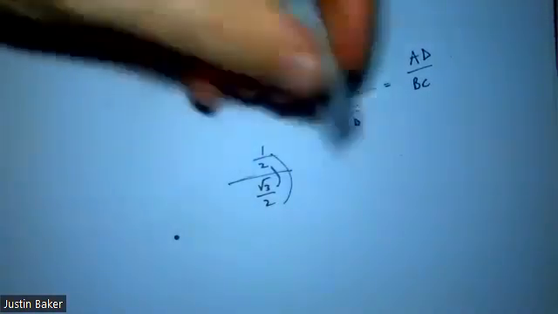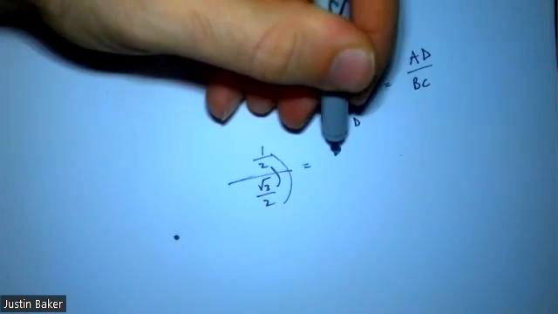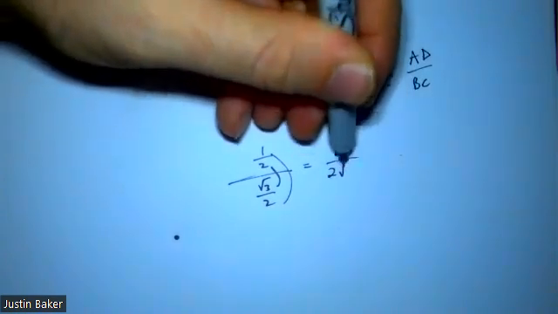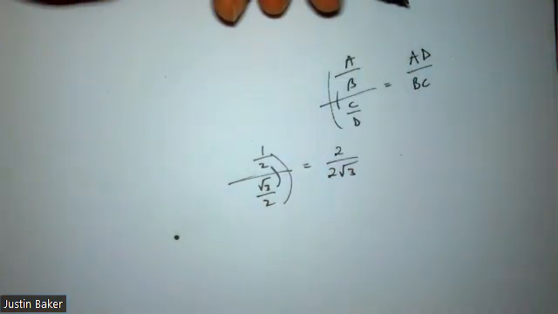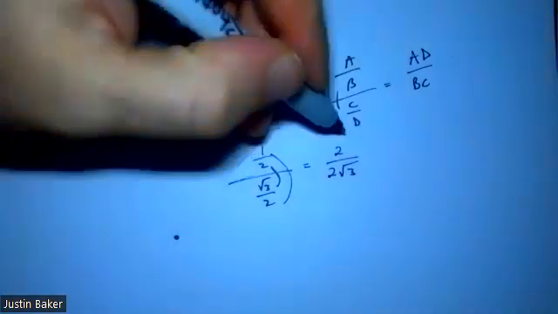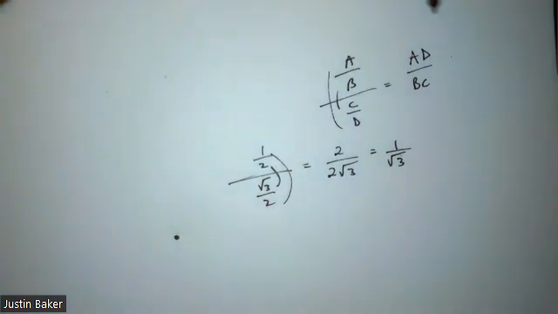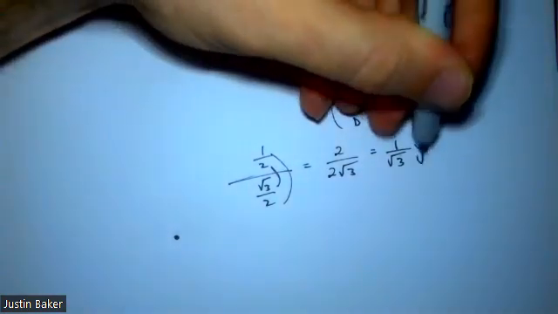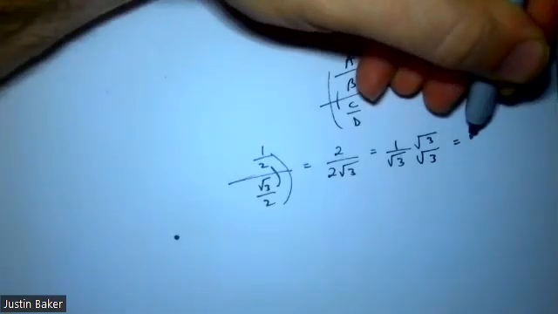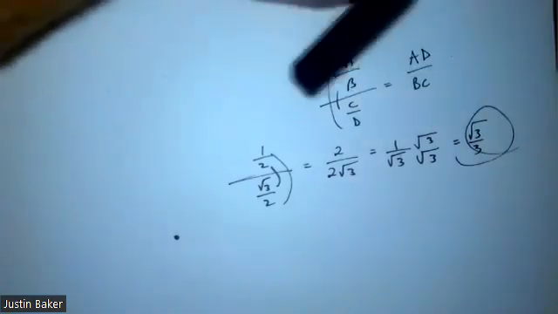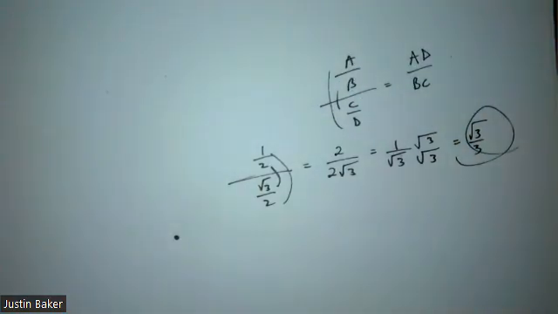So for our example, that's going to be 2 over 2 root 3. And if we simplify this, that's 1 over root 3. And if we rationalize that, it gives you a final answer of root 3 over 3.